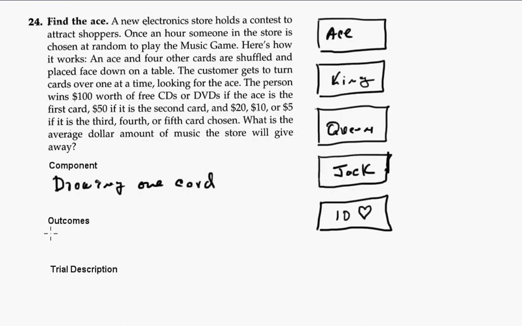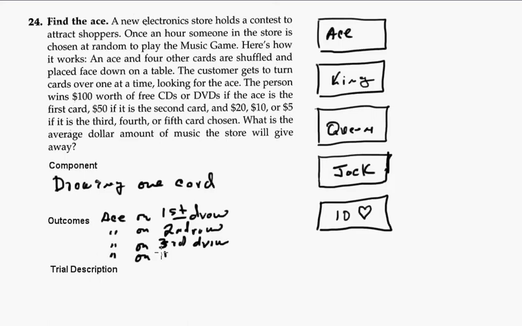So the outcomes, let's see if I can fit this in, would be an ace on the first draw, ace on the second draw, ace on the third draw, and then an ace on the fourth draw, and then finally an ace on the fifth draw.